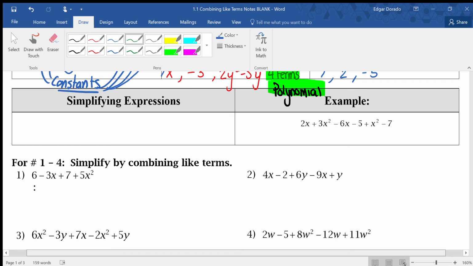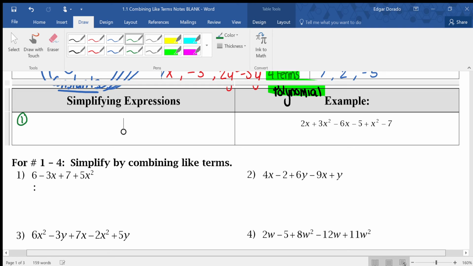Okay, so that brings me to simplifying expressions. So we're going to go ahead and write this down. Our first step to simplifying expressions is to combine like terms. Okay, so we have to combine like terms in order to simplify an expression. All right, and in order to do that, we have to be able to identify a few things.